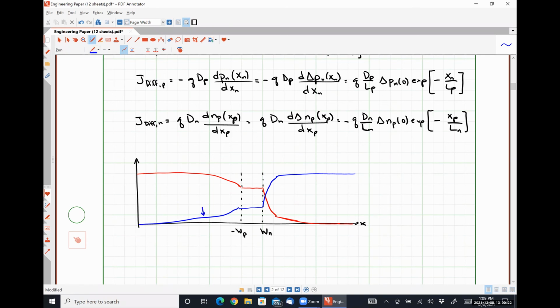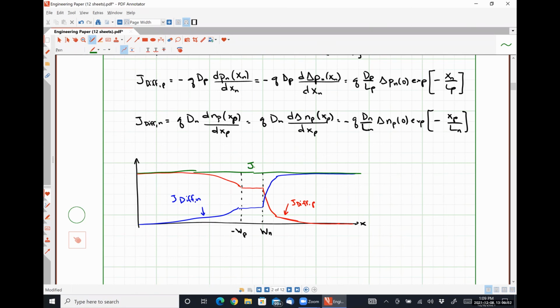Where this guy right here represents the J diffusion n that we've just derived. And this guy right here represents the J diffusion p that we've just derived. And if we add these guys up, it's effectively a constant current flowing throughout the entire crystal.